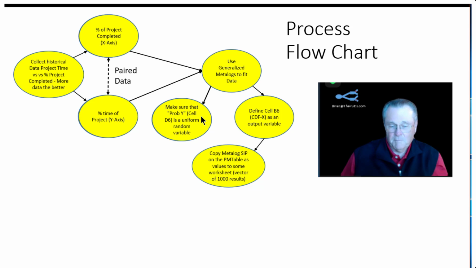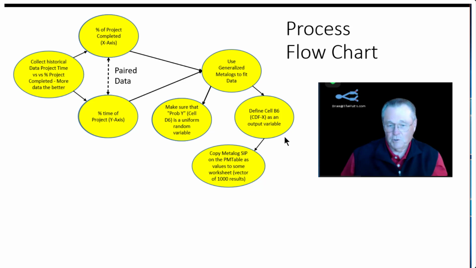And then in the Metalog distribution, we need to make sure that we convert the uncertainty variable to a uniform, so we have uncertainties. And then we'll define cell B6 as an output variable. And then we can generate a distribution and copy that Metalog SIP onto the PM table as some values.